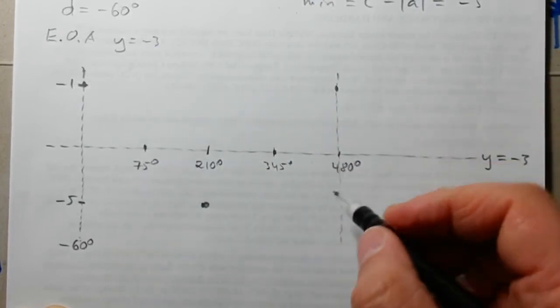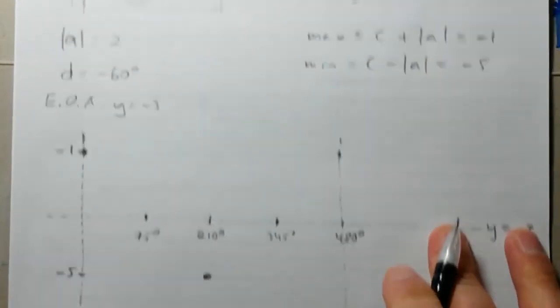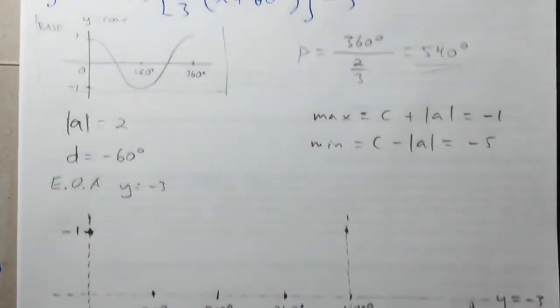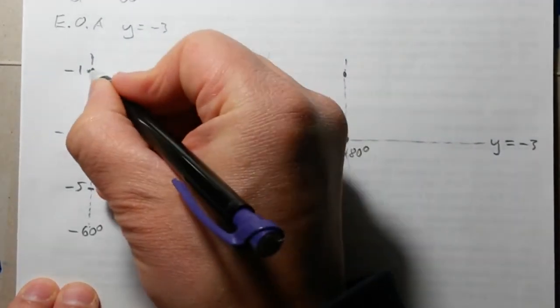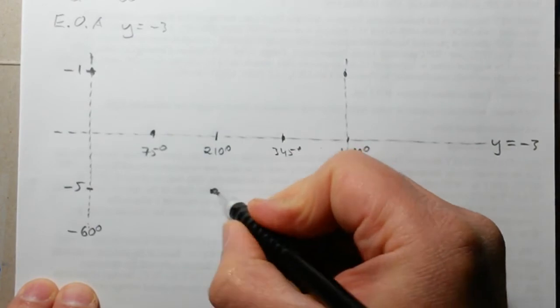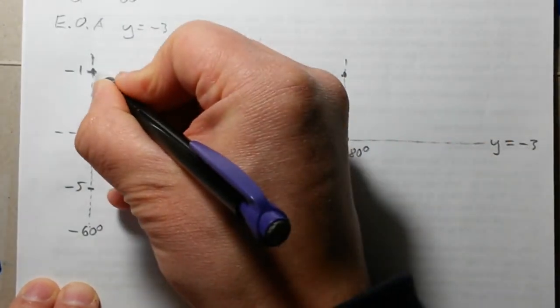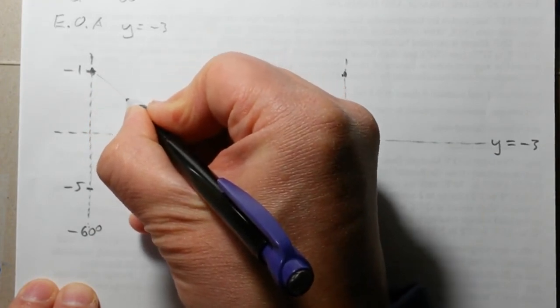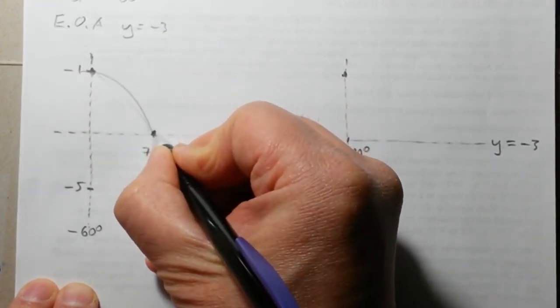We've labeled everything and just join the points with a smooth curve. We start at the top because that was our base function. So we start at the top, go all the way down, then come back up. This is not the best, it's probably more like that.